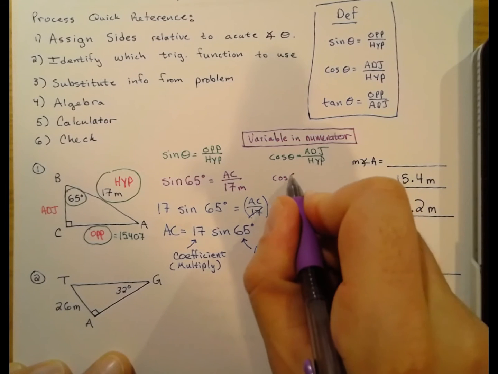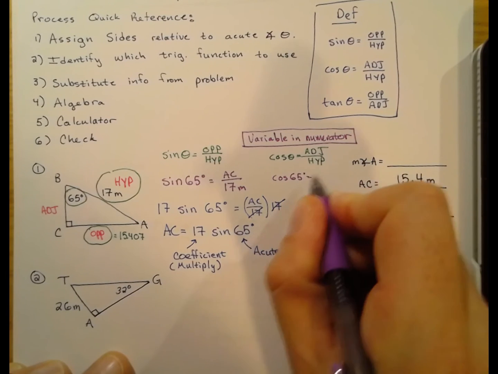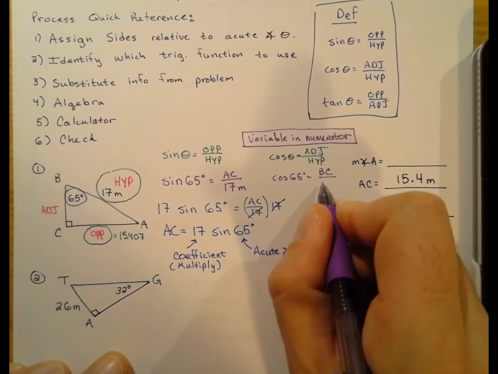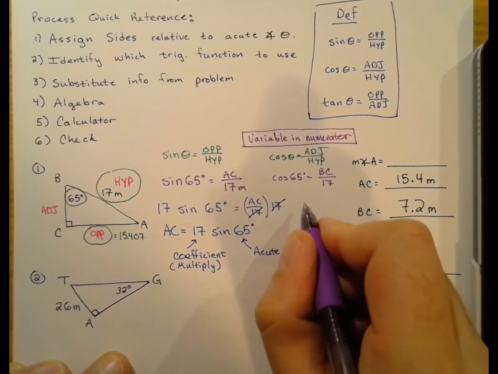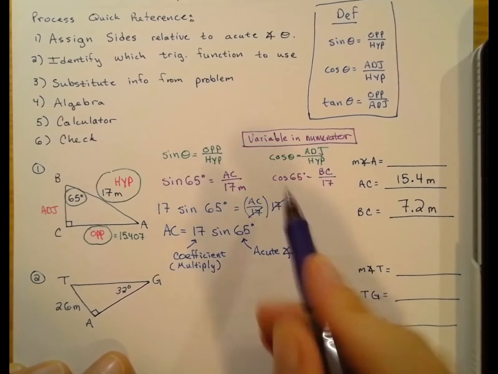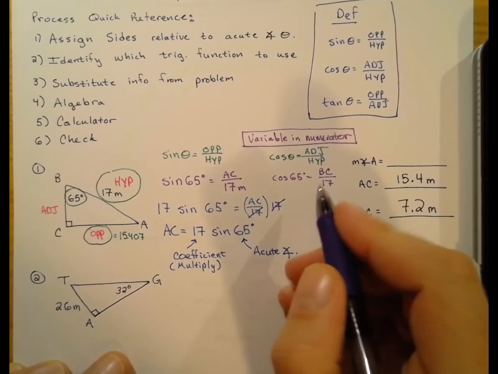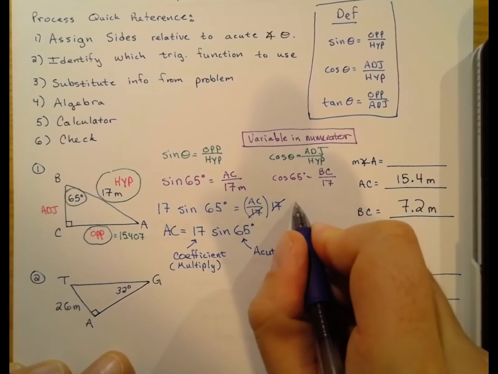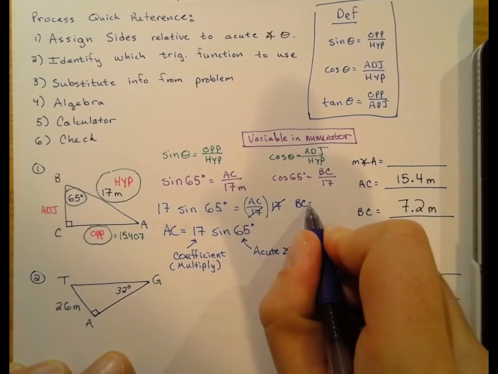Cosine of 65 degrees equals adjacent BC over hypotenuse 17. And then it's still the same scenario, variable in numerator, variable up top, to just multiply both sides by 17.